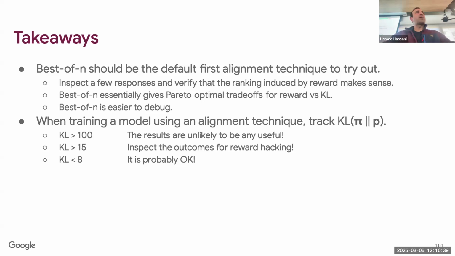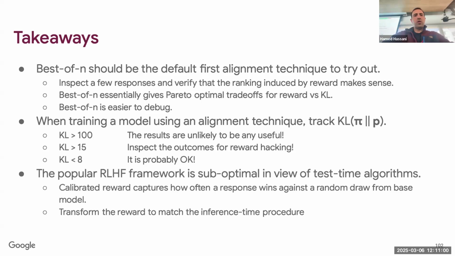Now there are some applications, like translation or some more deterministic applications, where a KL of 15 may be okay, but for the most part that's in the reward hacking regime. And then with KL less than 8, I think you're probably in the clear. That's the regime where you want to be operating.